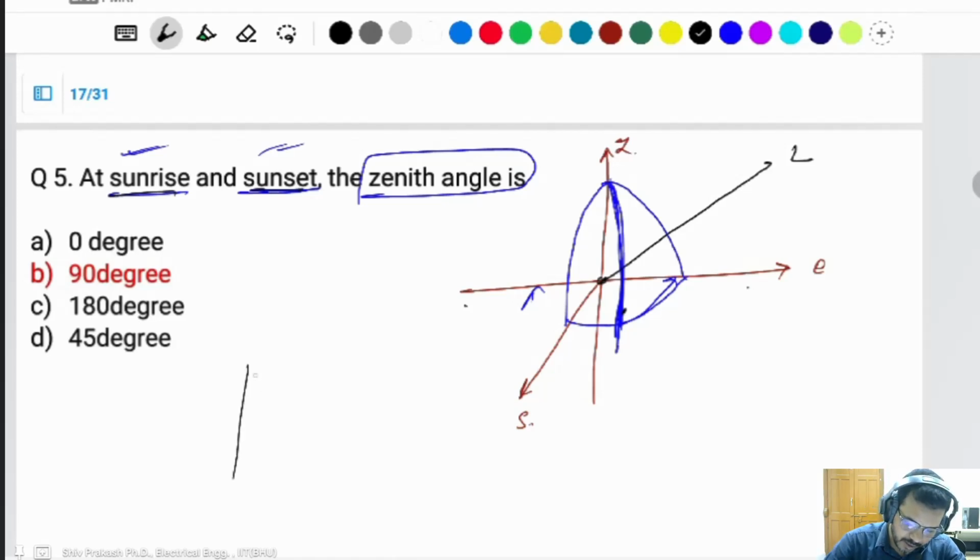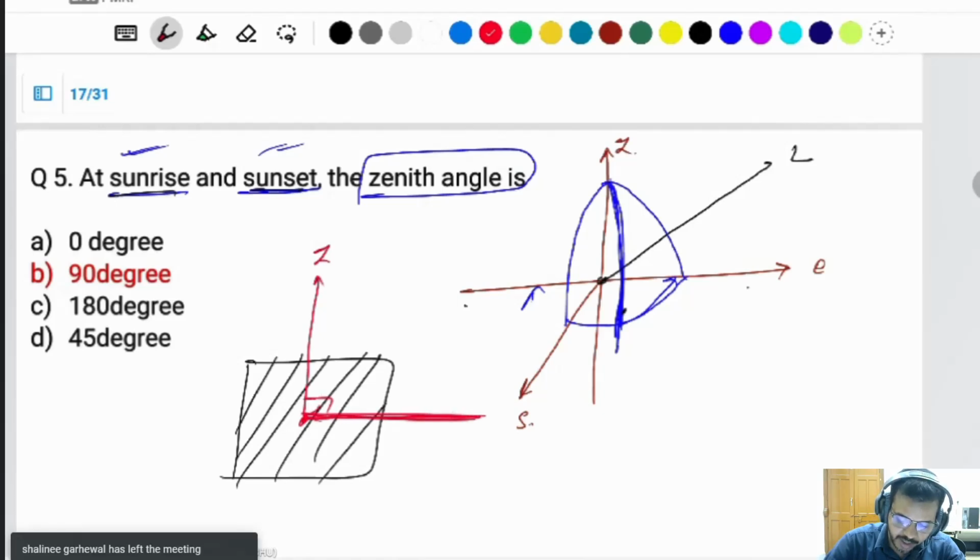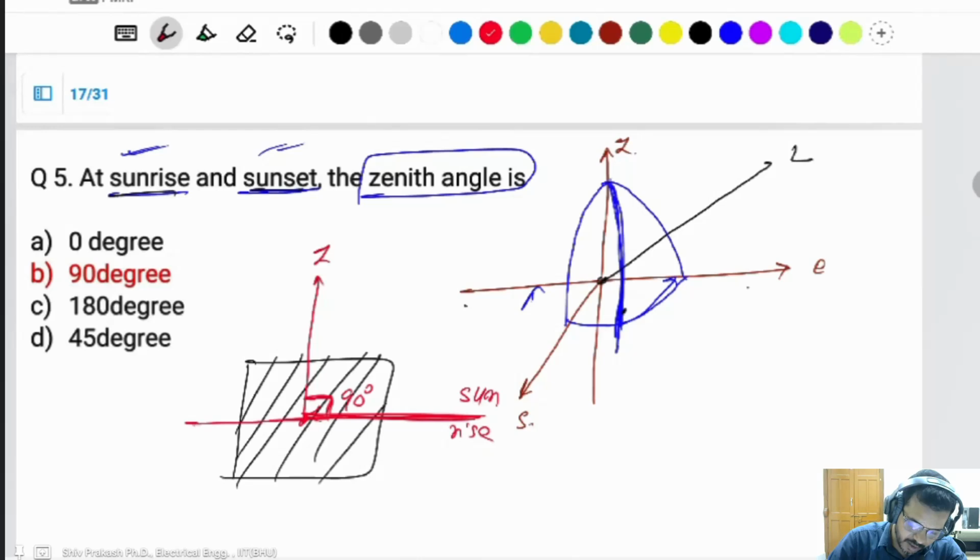Then it means there is a plate, and the zenith axis is the top of the plate. Then at sunrise and sunset, the insolation will be 0. It means the maximum insolation should go to the 90 degrees of zenith angle. Same thing, if this is the sunrise and this will be the sunset.